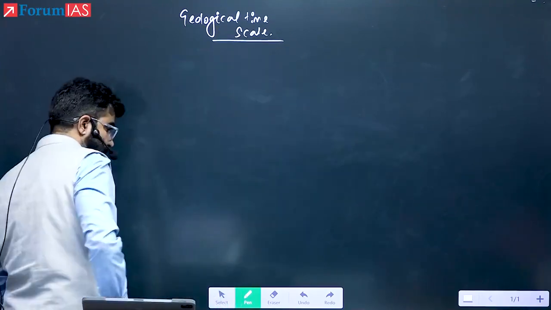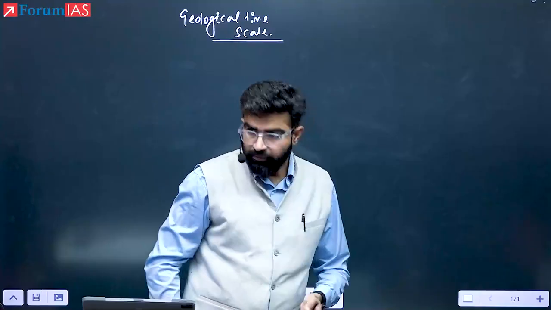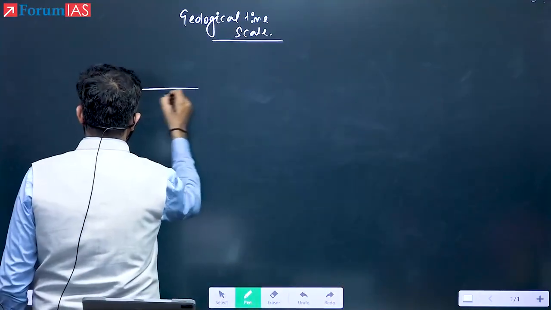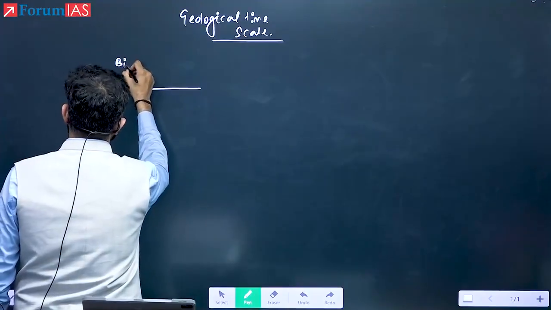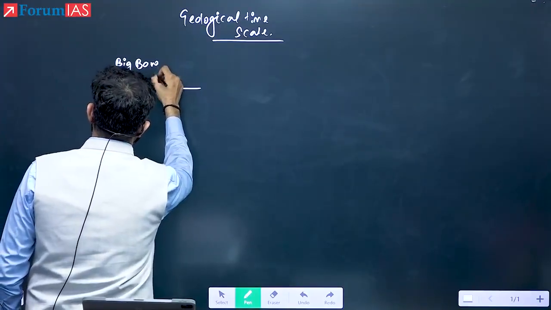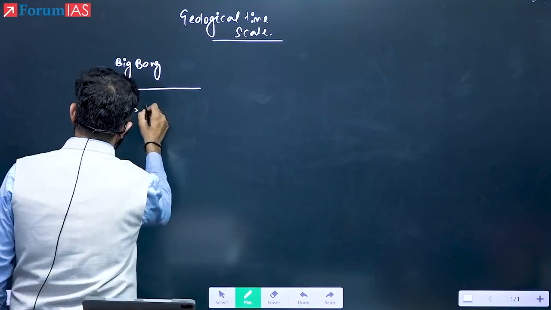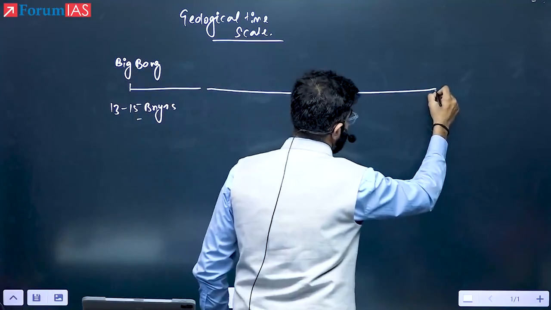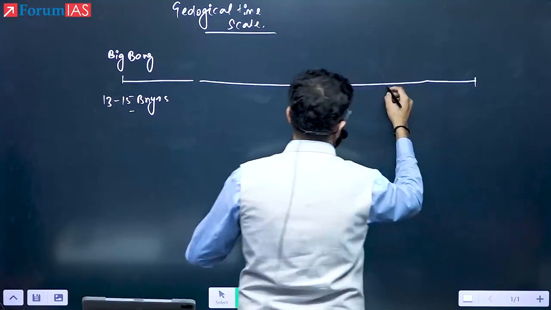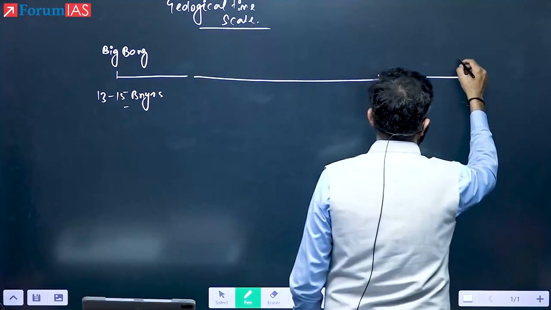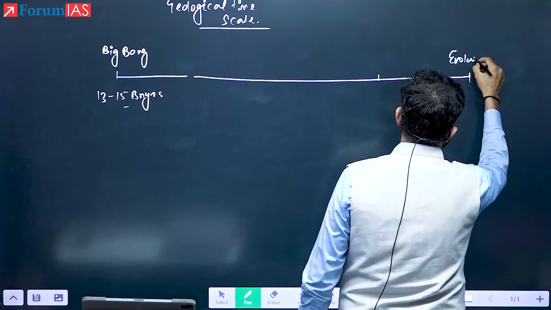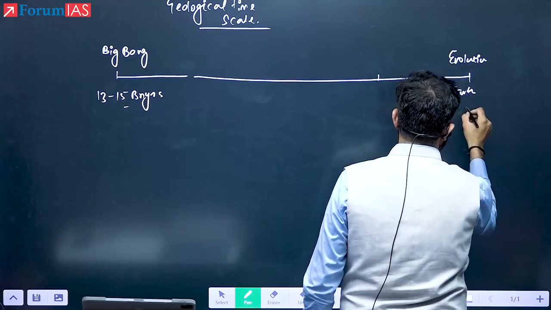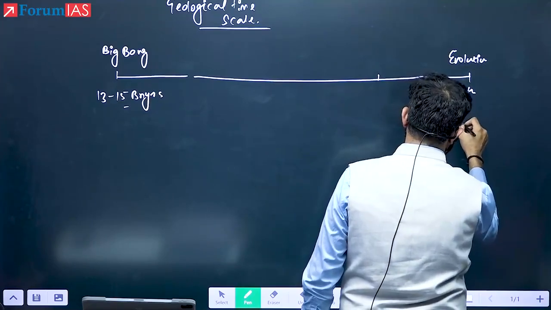Geological time scale. Now if we see the geological history of the Earth, if I take from the Big Bang event, that started 13 to 15 billion years ago. If we come to the evolution of the Earth as a planet, that is 4.5 billion years of history.